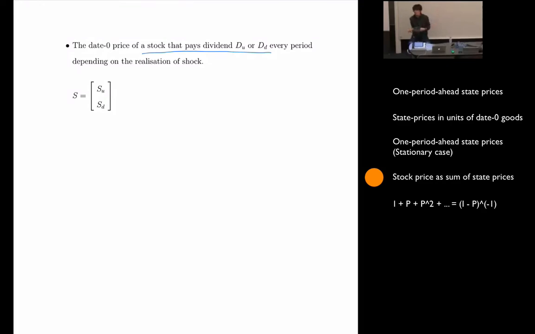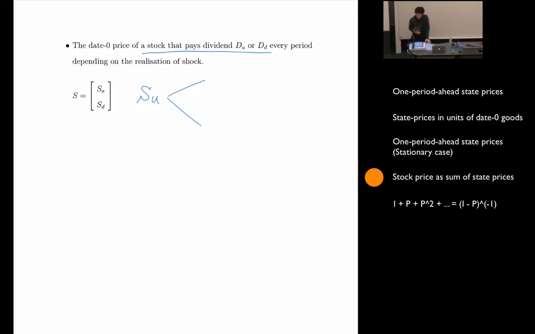Next period, the economy is down, you get DD units of potatoes. Imagine such a stock. What is the price of such a stock? Again, the answer depends on the current state, initial state, U or D. Suppose the initial state is U. What is the price of such a stock?